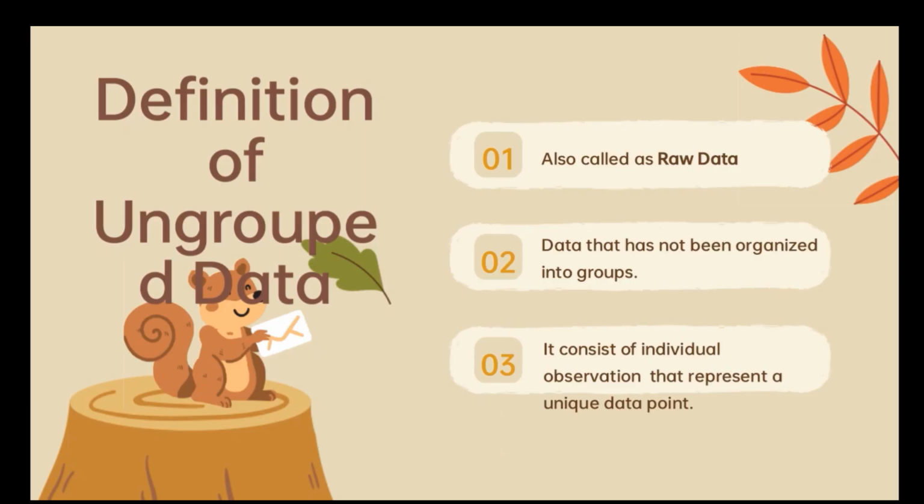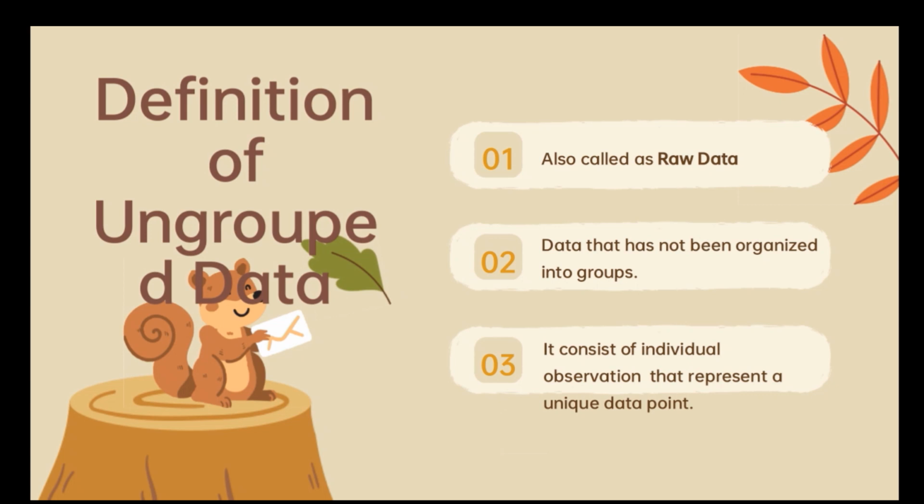So what is ungrouped data? The measures of central tendency for ungrouped data describe how the data tends to cluster around a central value. This is a type of distribution in which the data is individually given in row form. Ungrouped data is also called raw data.